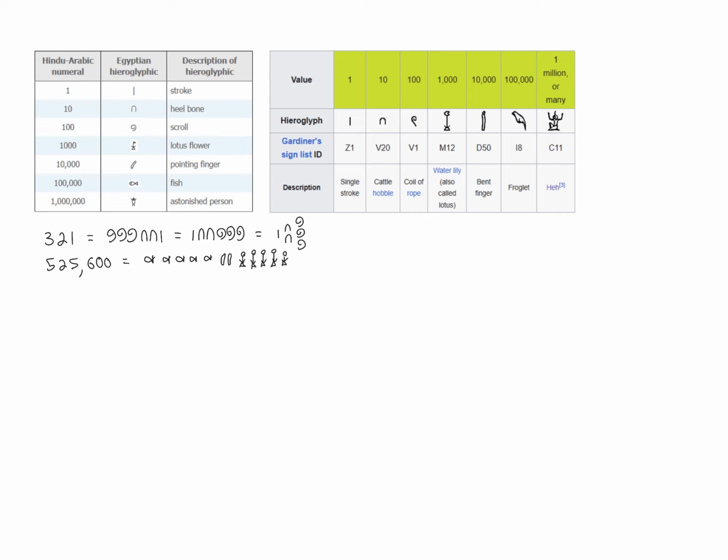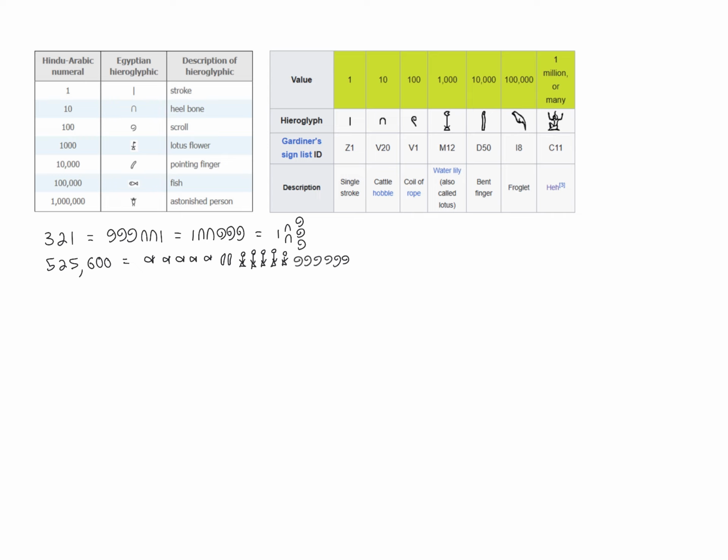That's going to be 600s, or 6 scrolls. So 1, 2, 3, 4, 5, 6. So that is one way to write out 525,600. There are definitely other ways that we can also do that as well, but I'm going to just do it once. There's no sense in doing the same problem again and again and again.